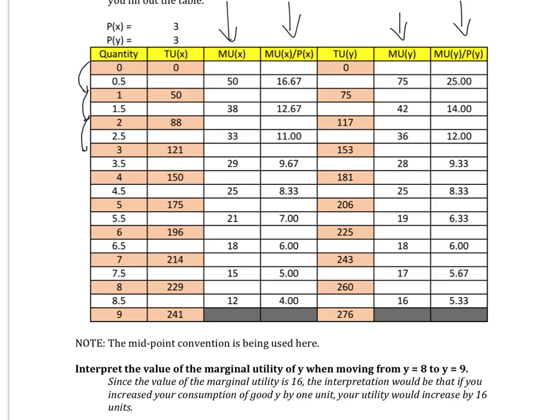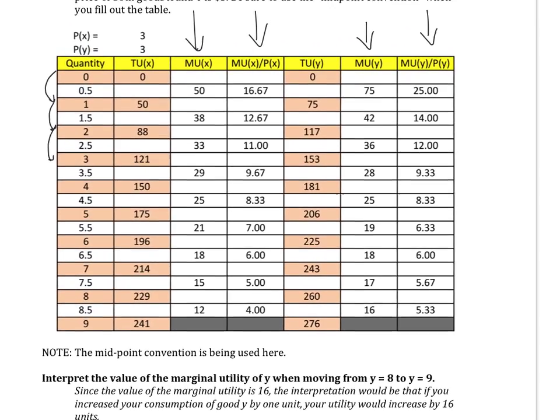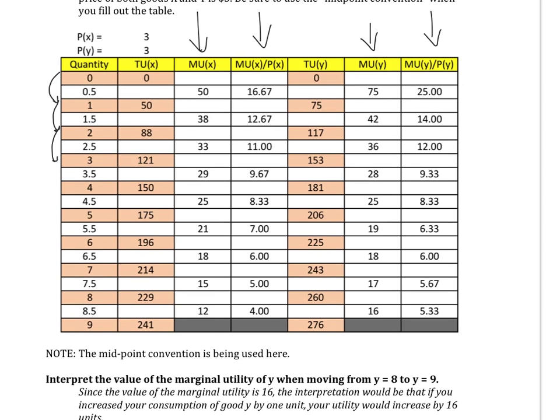All right, so if we're calculating marginal utility going from 0 to 1 for good X, marginal utility is simply the change in total utility over the change in the amount of the good. Okay?